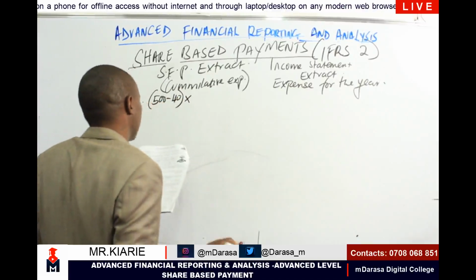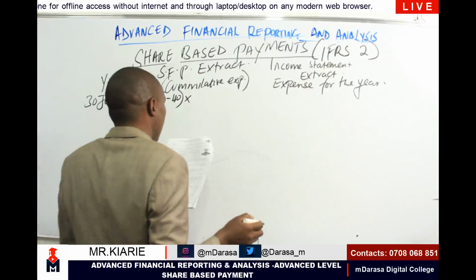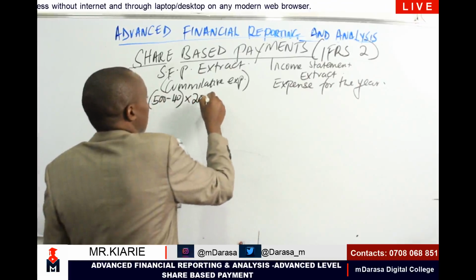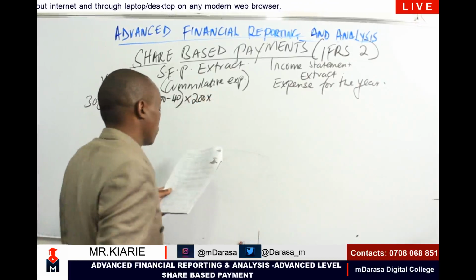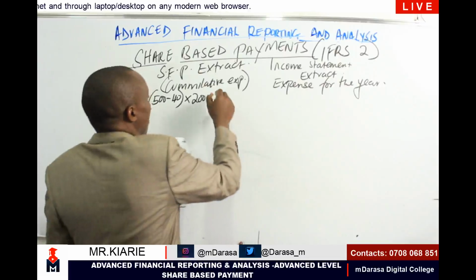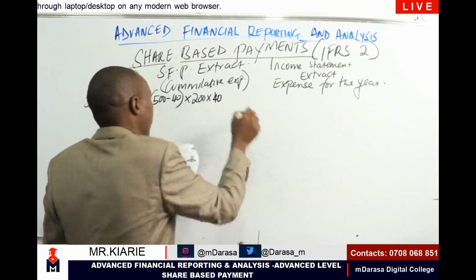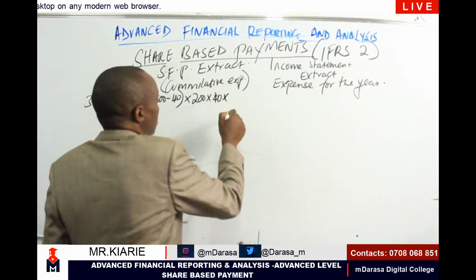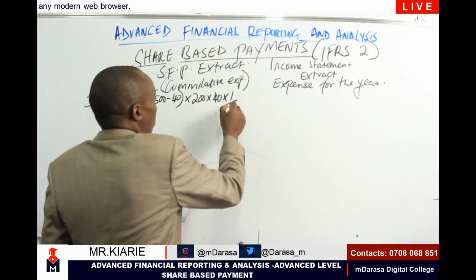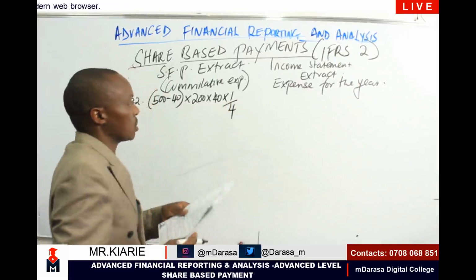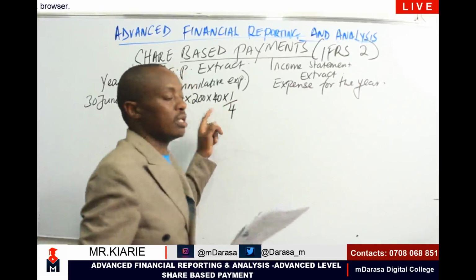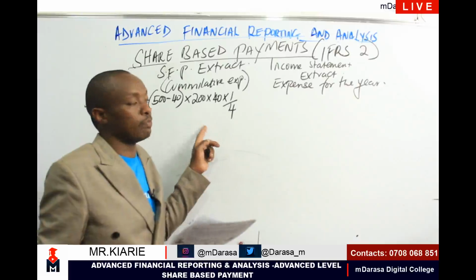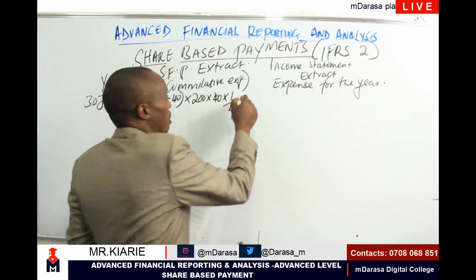From the statement I can see the number of options being granted are 200 share options, and each option measured at the grant date has a fair value of 40 shillings. And since we are in year 1, you weight it over 1 over the total vesting period, which is 4 years.